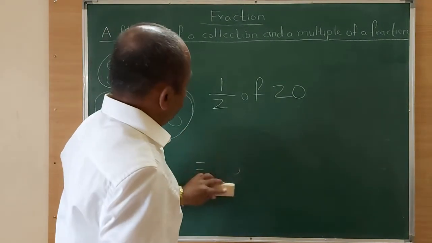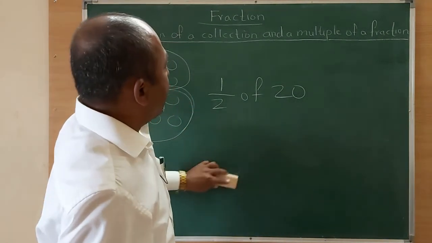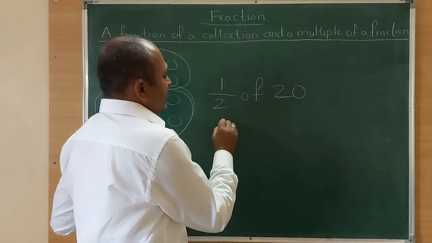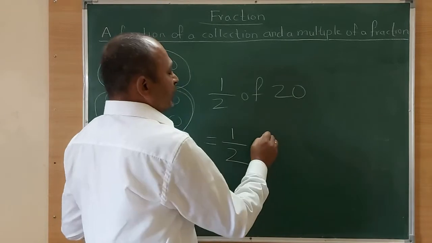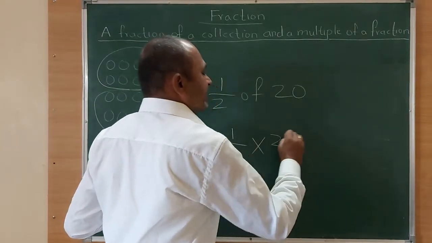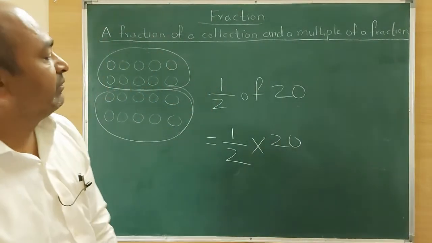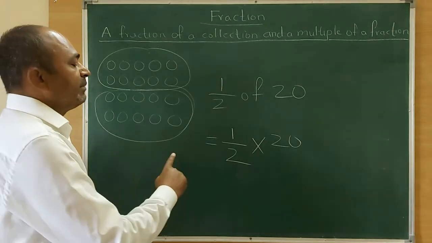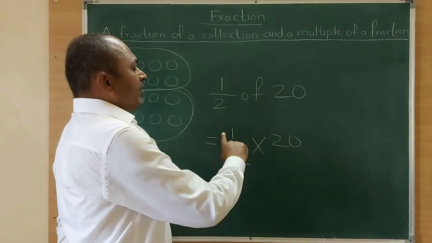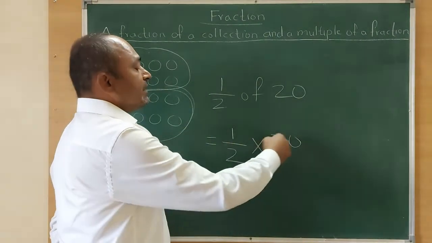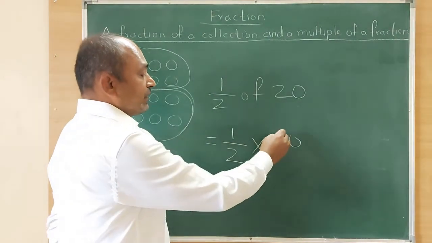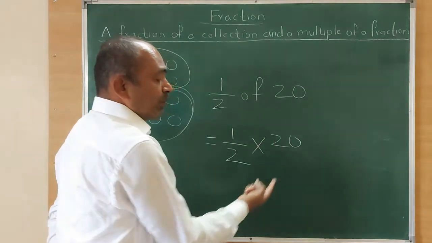And one more concept is that half of 20 is equal to 1 upon 2 multiplied by 20. Now here multiplication of fractions is there, where one fraction is multiplied by one number. I told you, for 20 no denominator is there.